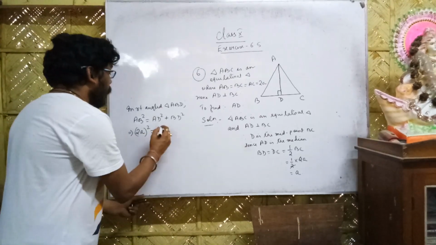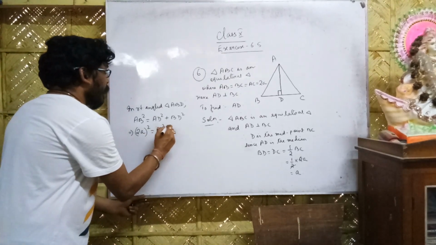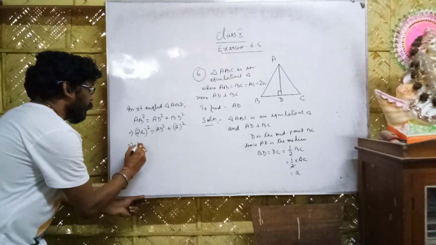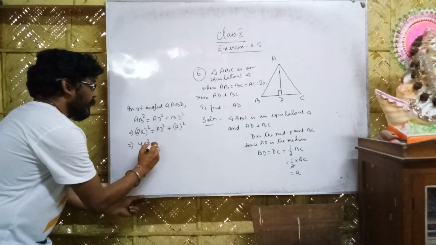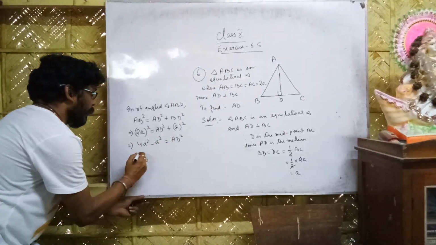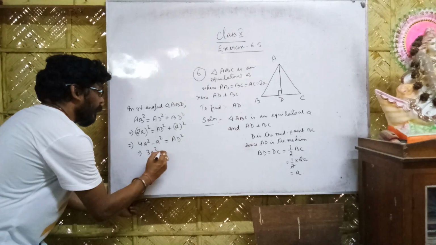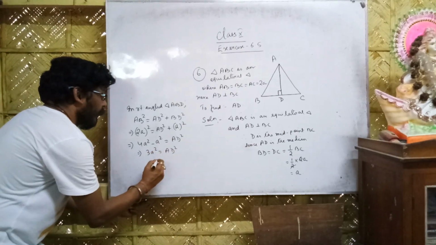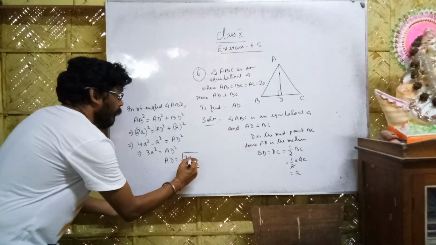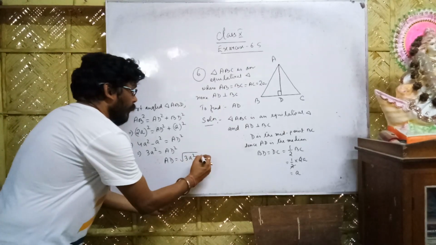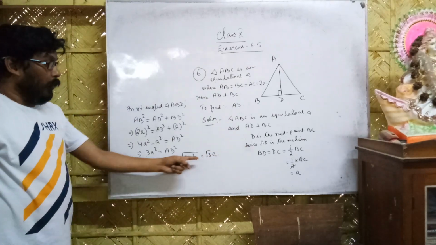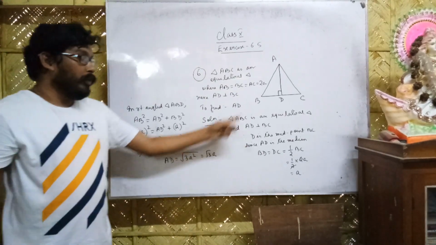To find the length of the altitude, AD is not given, BD is A. So here you get 4A square. A square will come here, so minus A square equal to AD square. So it is 3A square equal to AD square. To find the length of AD, square root of 3A square, root 3 will remain, and the square root of A square is A. That means all the altitudes will measure root 3 A.